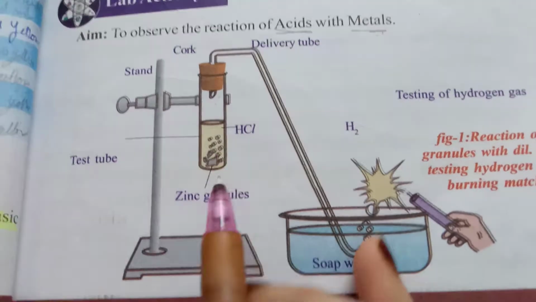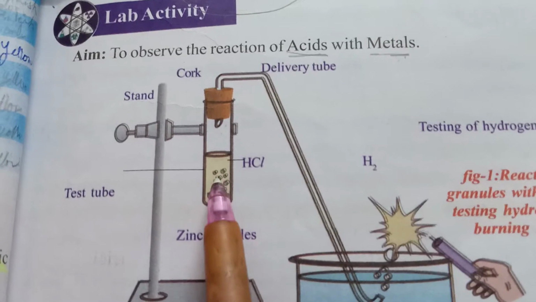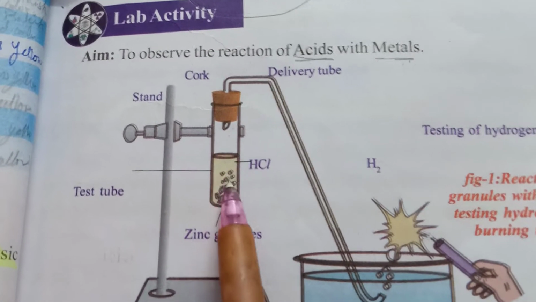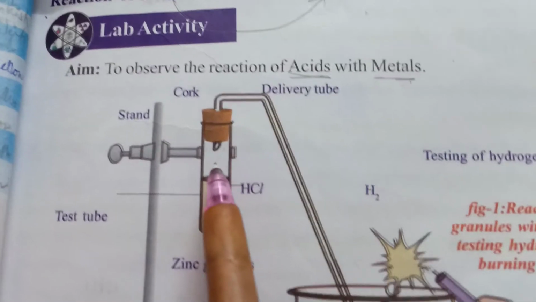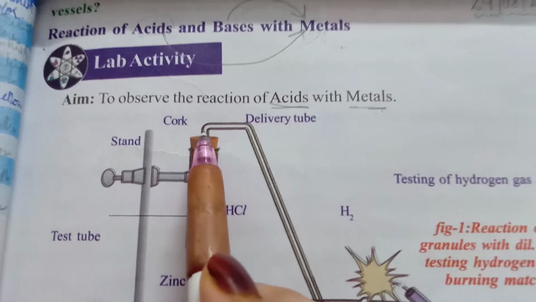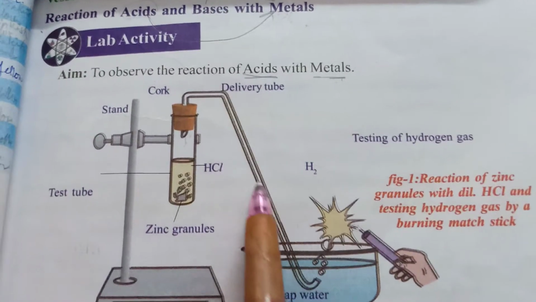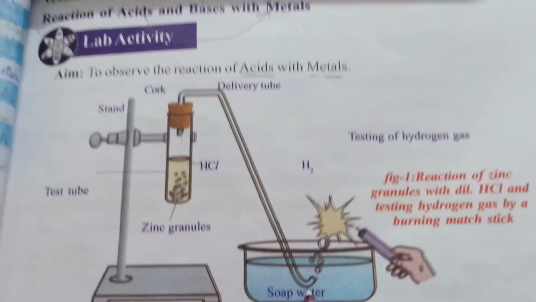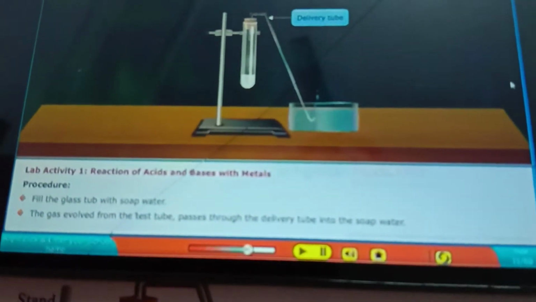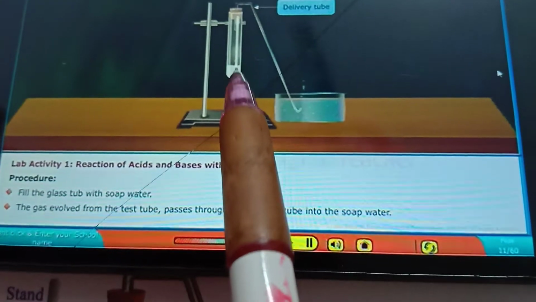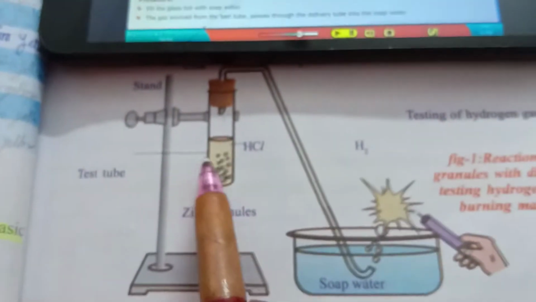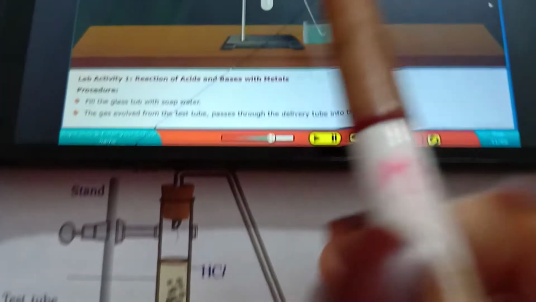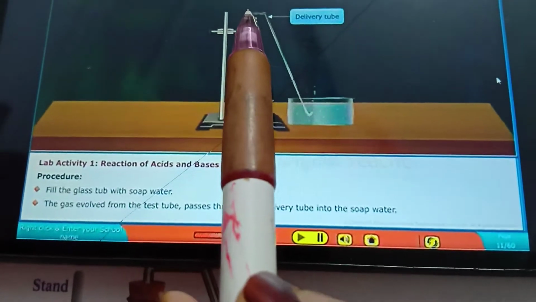This indicates that gas is releasing from this solution, which will pass through this delivery tube into the soap water. As you can see over here, white vapors are coming, which means gas is evolving through these bubbles.